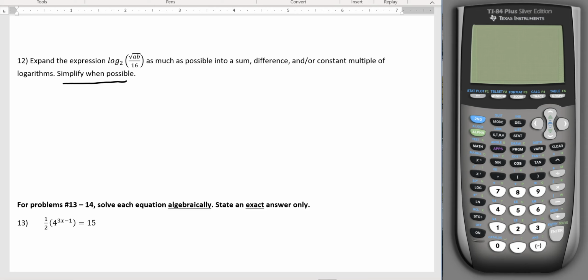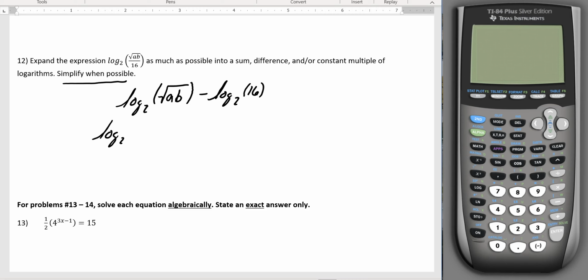Remember, let's split it this way first. So log base 2 square root of ab minus log base 2 of 16. All right, since that was division. Now, in here, it's multiplying the square root of a and the square root of b.